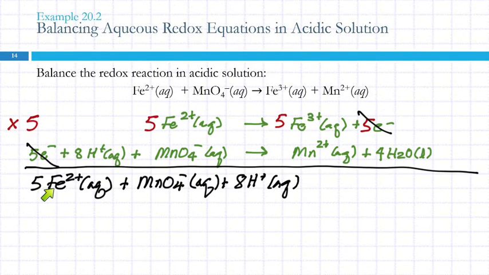Again, you can do this in different order. I'm just choosing to do this one, and then that one, and then anything else, right? So I've got the iron, the permanganate, and then I put that at the end. It could be first, doesn't matter at all. So then over here, I've got 5 Fe3+. It's pretty messy.